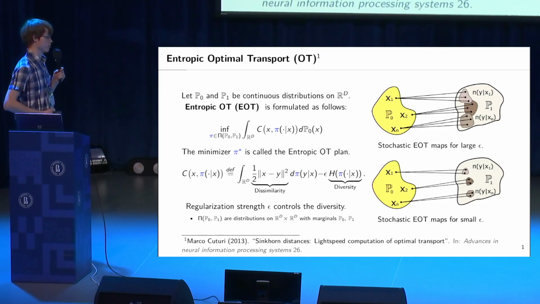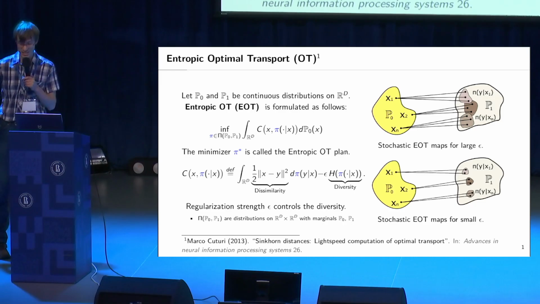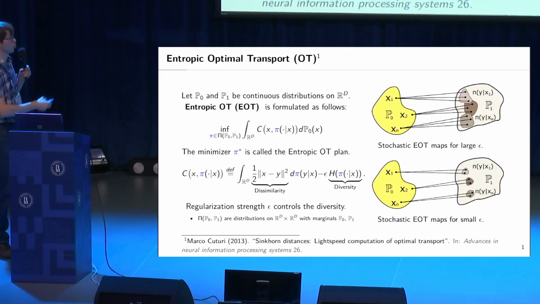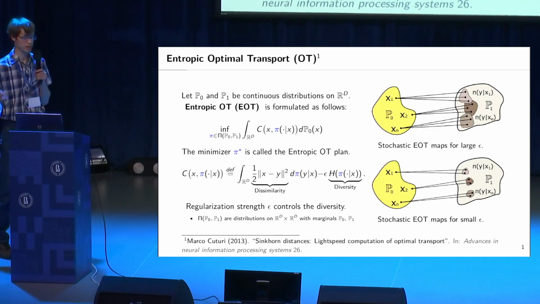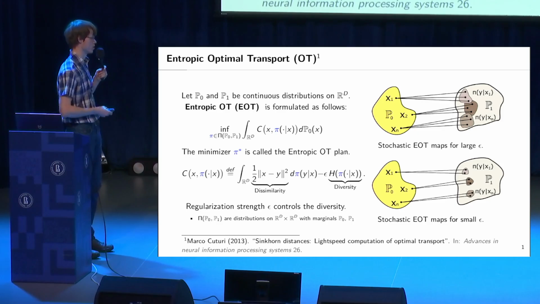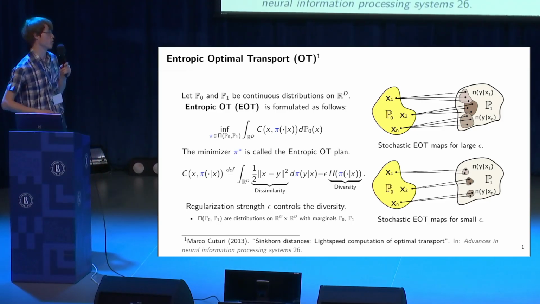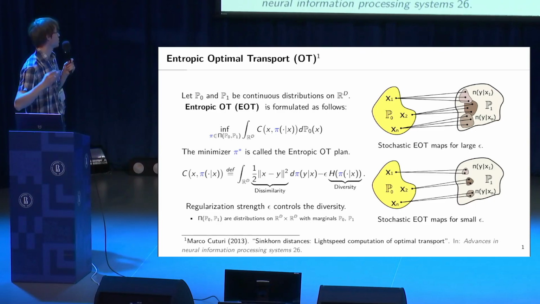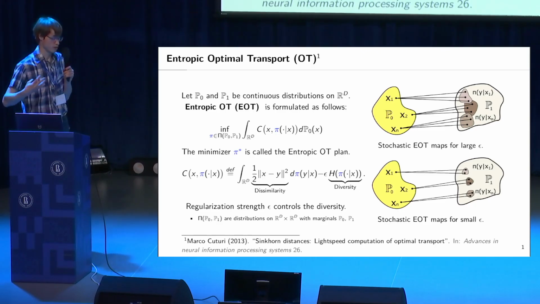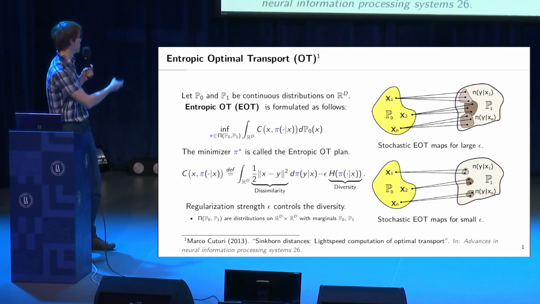And in the entropic optimal transport framework, we add additional entropic regularization, which introduces stochasticity in the maps. So we have one input point, and it can be transformed to several points from the target domain. And it's a really reasonable assumption in a variety of applications. And this diversity can be explicitly controlled by the regularization strength, epsilon.